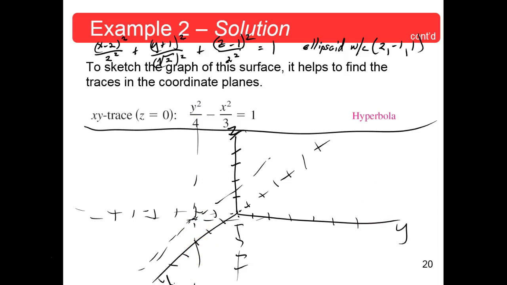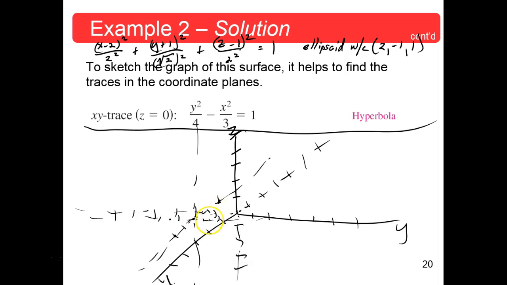Now, the x is going 2 plus and minus from 2, so that's going out 1, 2 from here and 1, 2 from there. So that's going to be our vertex on the x-axis. Your y's are going 1, 2, 1, 2. It's going 1.414, that's square root of 2.